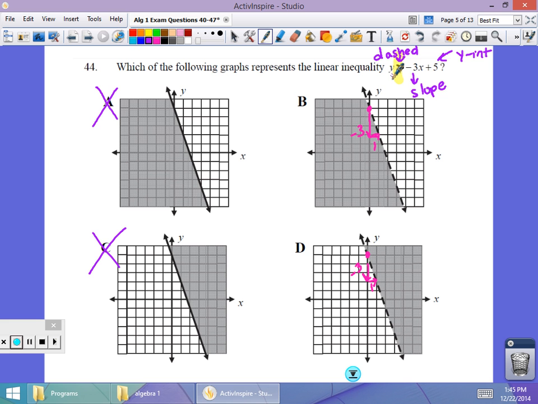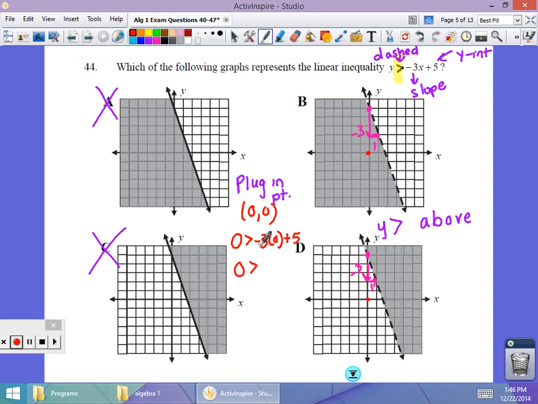This is saying that y needs to be greater than the equation. If it needs to be greater than on the y-axis, you would shade above. But you can also plug in a point just to make sure. An easy point that I like to plug in is 0, 0. I'll plug in 0 greater than negative 3 times 0 plus 5.